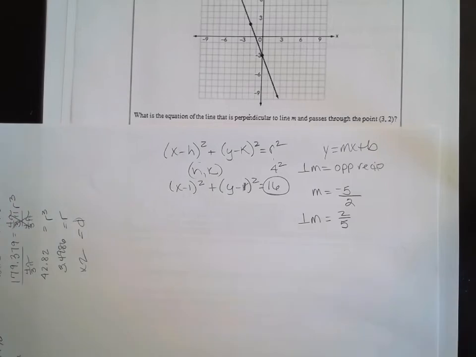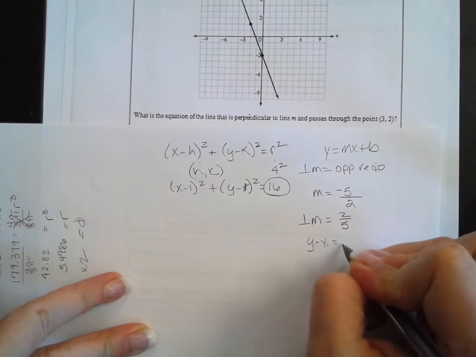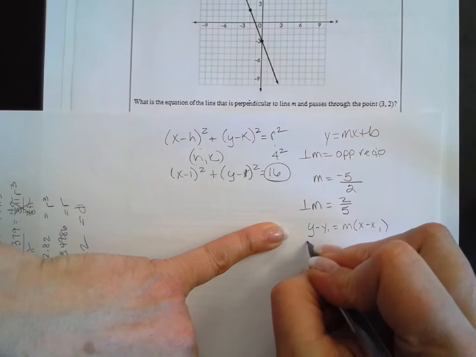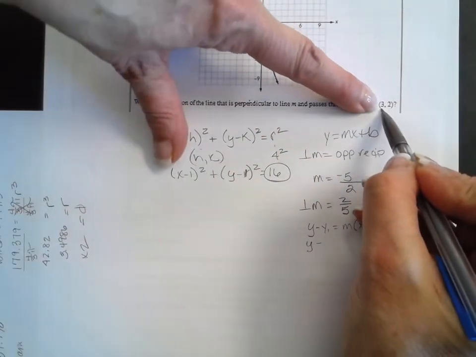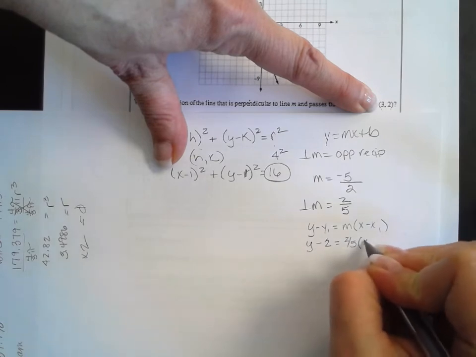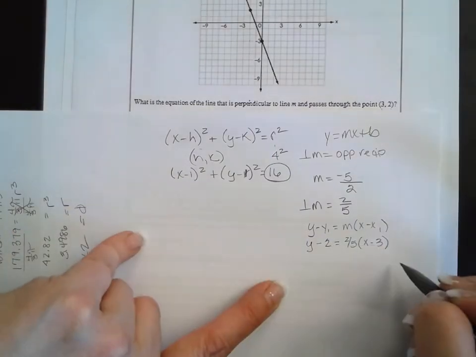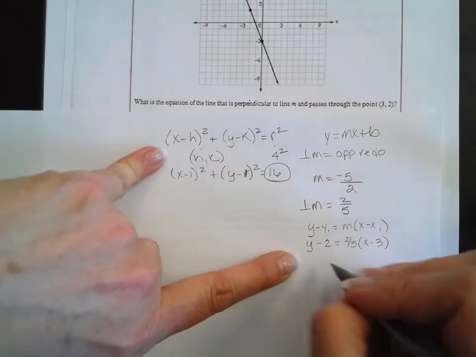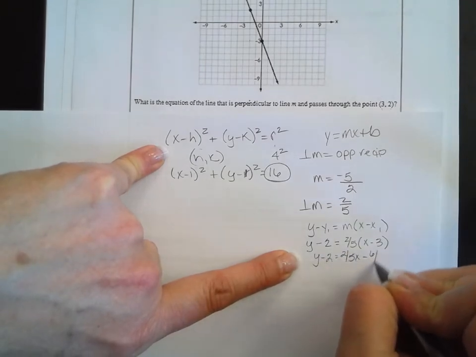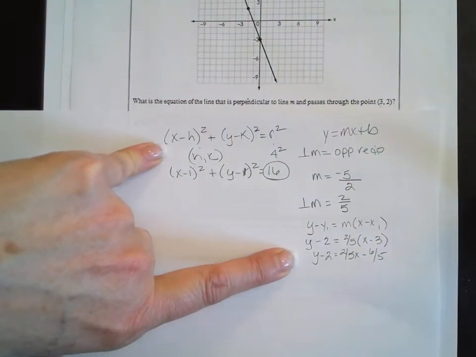Okay. Now, 2 ways you can go about doing this. You can use the point slope formula. So that means I would have y minus, and it's through this point. So y minus 2 is equal to 2/5 times x minus 3. Do you agree with that so far? Is this ringing bells?